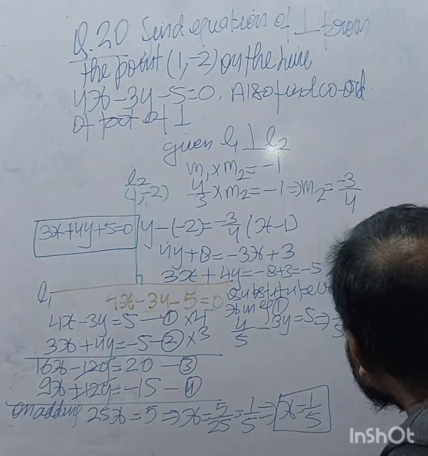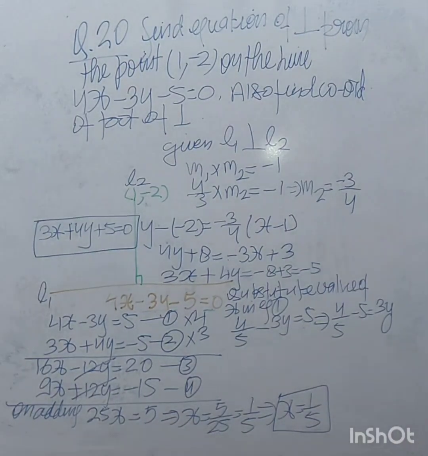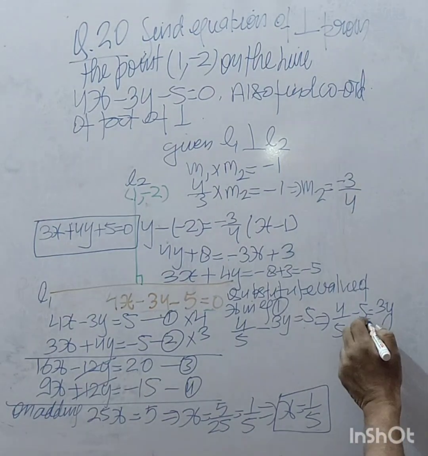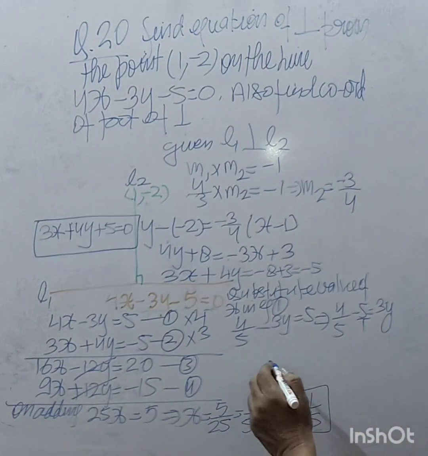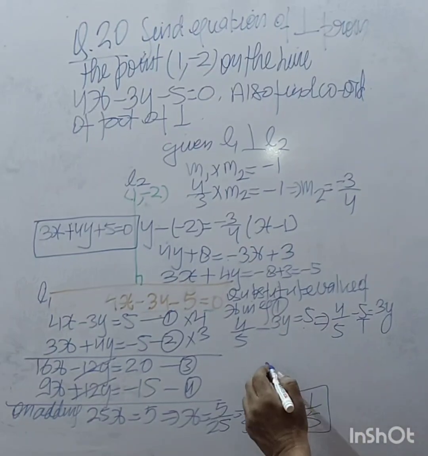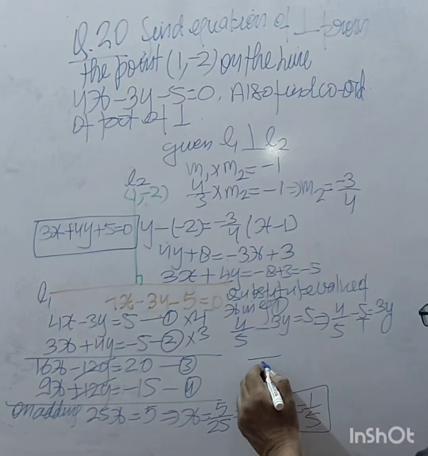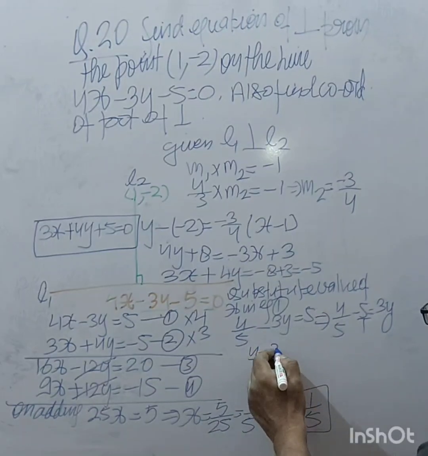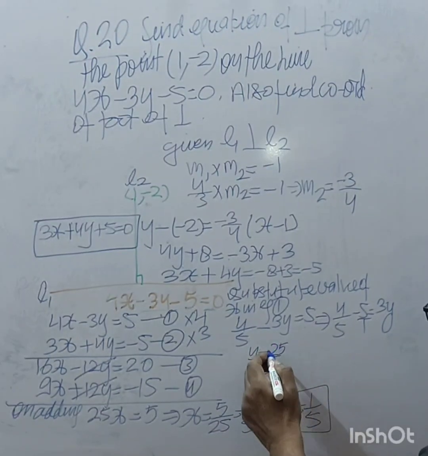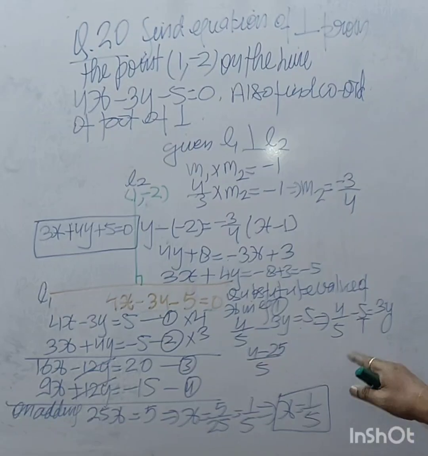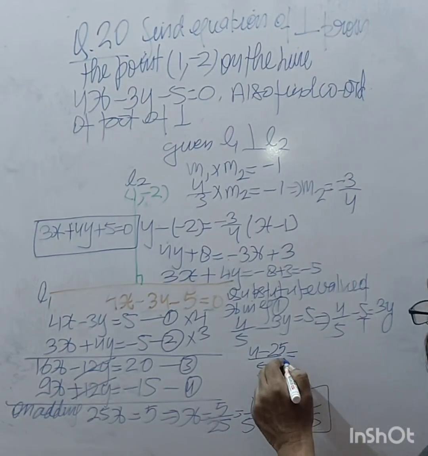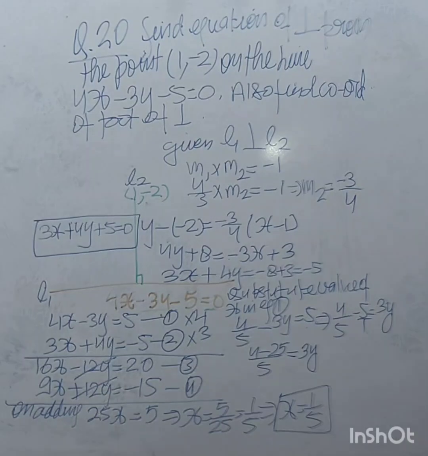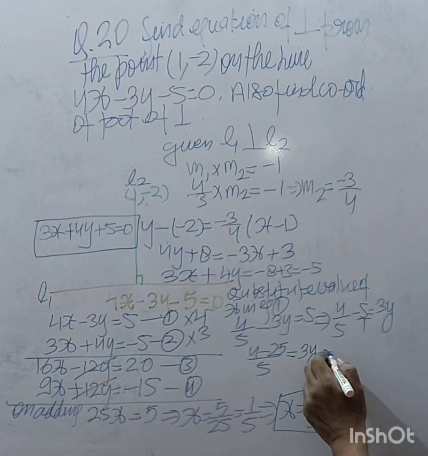Getting? So we take 1 here, so you get 5. So 4 minus 25 is equal to 3y.